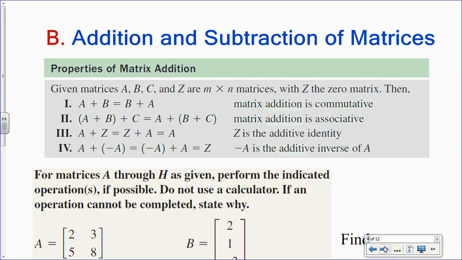So it's commutative. Like with real numbers, 2 plus 3 is the same thing as 3 plus 2. The order doesn't matter. It can be associative. So you could add the first two together and then the third one, or you could add the second and third one together and then the first one and get the same thing.